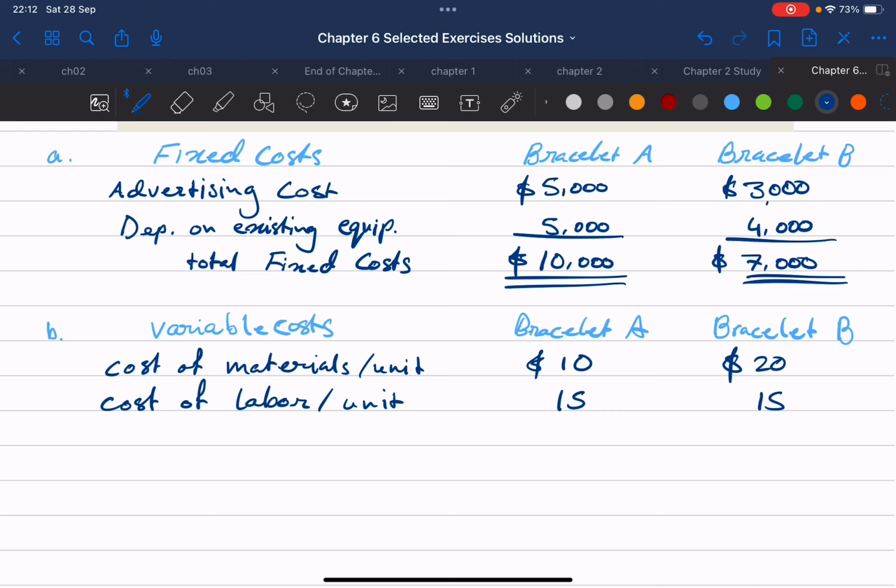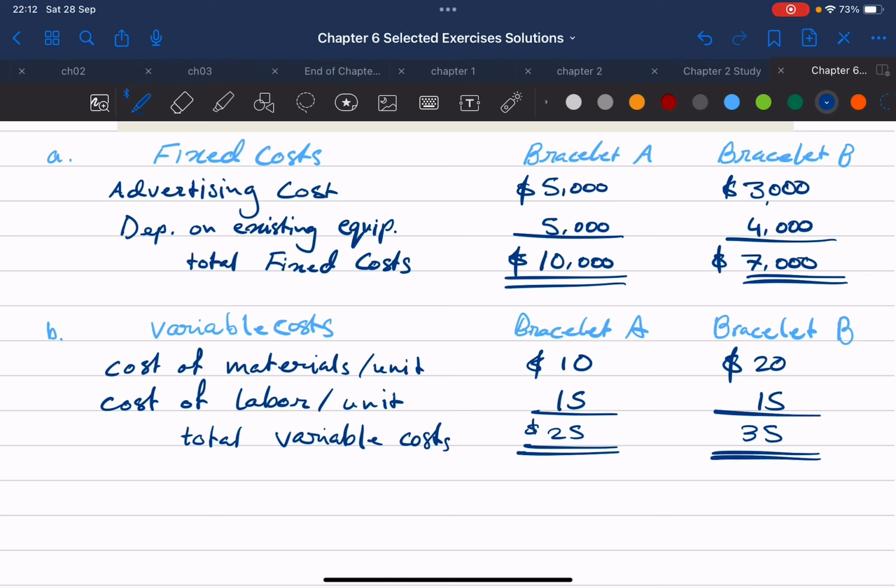Okay, now we can go ahead and calculate the totals. So the total variable costs, $10 plus $15, that's $25. And for bracelet B, 20 plus 15, that's $35. Okay.